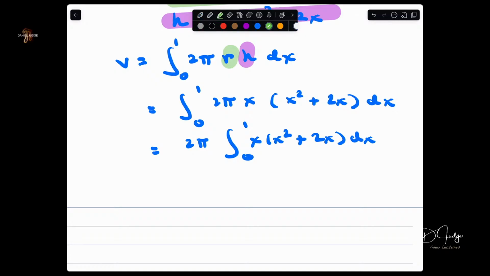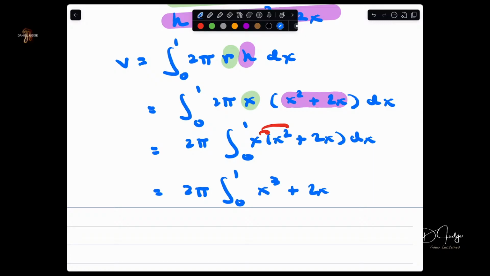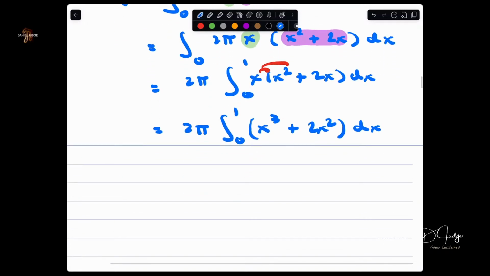Let's just remind ourselves what we're looking at here. You got your radius, you got your height. Now you're going to need to do a little algebra. 2 pi integral x cubed plus 2x squared. Now you can integrate.